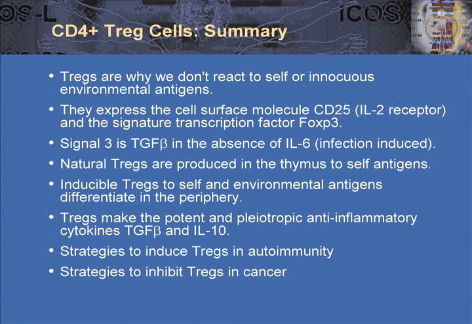Signal 3 for Treg development is TGF-beta in the absence of IL-6. Again, in the setting of infections, IL-6 is going to be induced, and this pathway is going to be pushed towards Th17 cell development. Natural T regulatory cells are produced in the thymus and protect against autoimmunity to self-antigens.